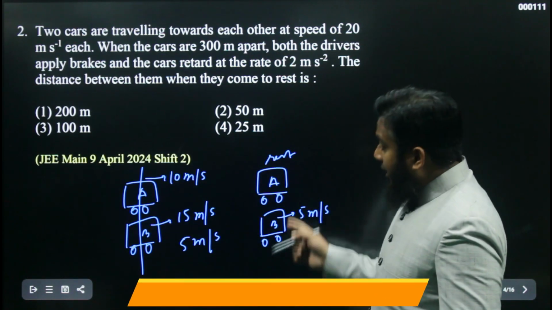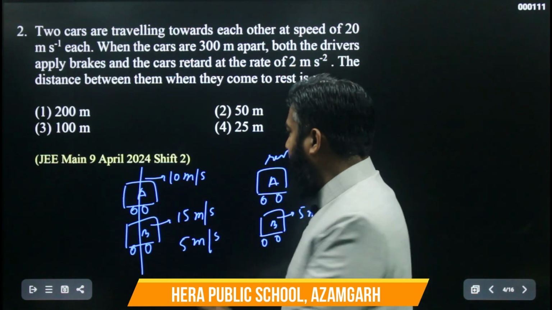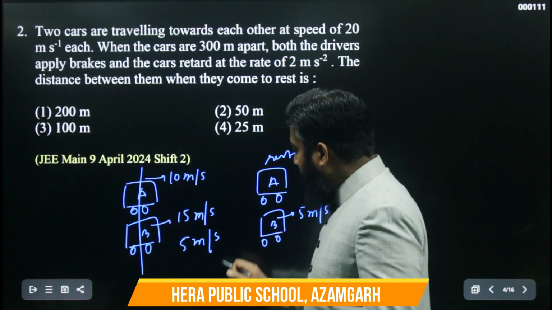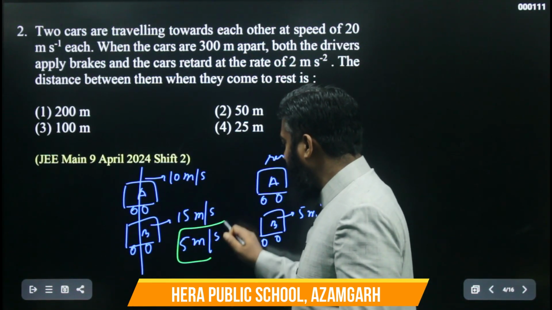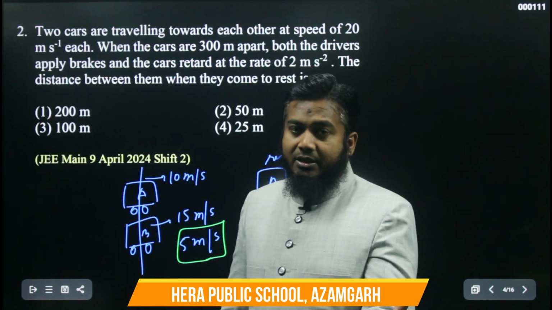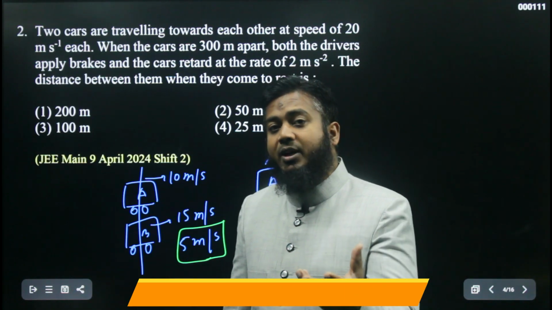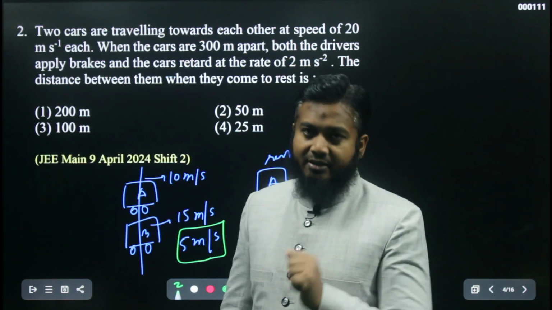What is the point that I want to make here? If we can find the relative velocity of a particle with respect to another particle, then it is the same as assuming that the other particle is at rest.